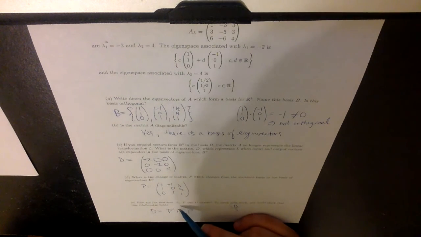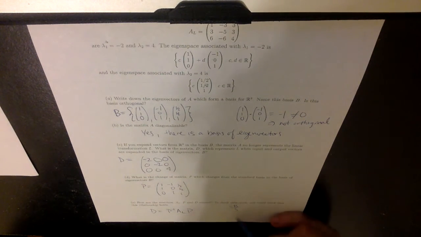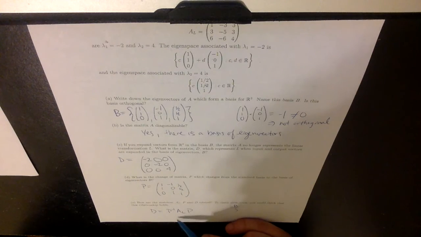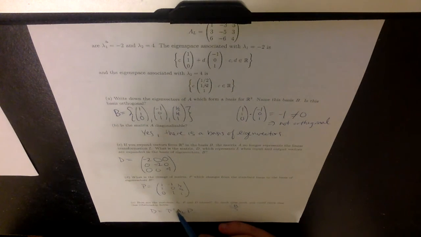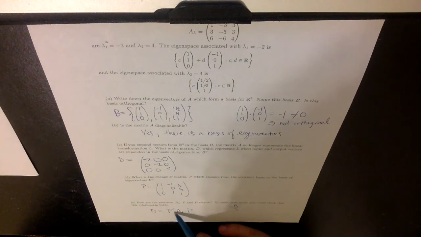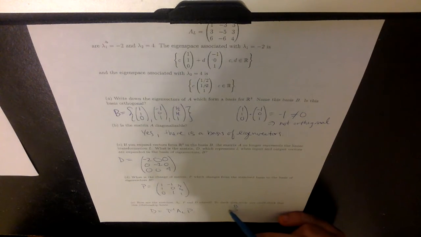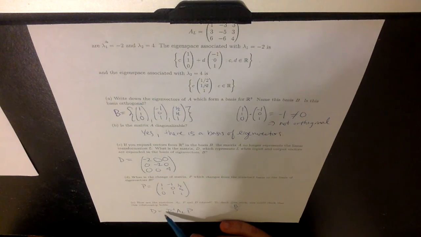We hit it with A sub L, because that applies the linear transformation to a vector that's expanded in the standard basis. And we get back out the image under the linear transformation of a vector, but represented in the standard basis S. And then P inverse maps us back to the basis B. So we hit a vector that's expanded in the standard basis, and we get out one in our basis of eigenvectors.